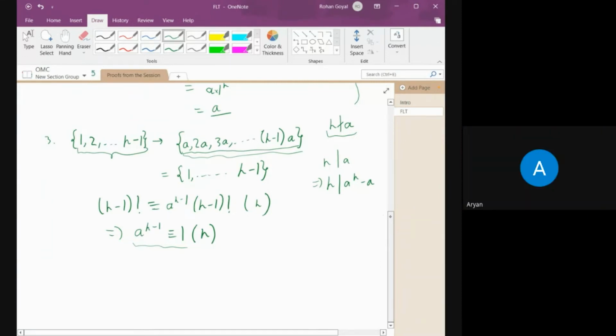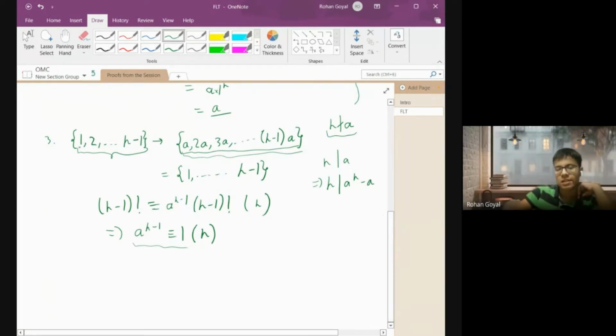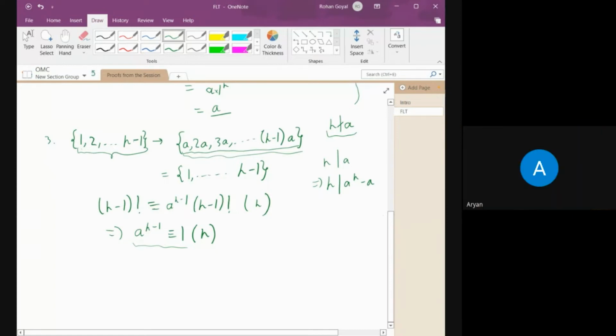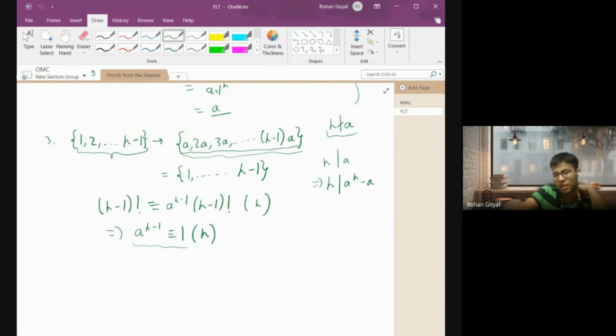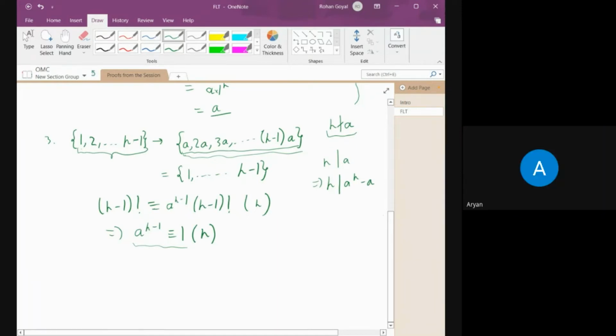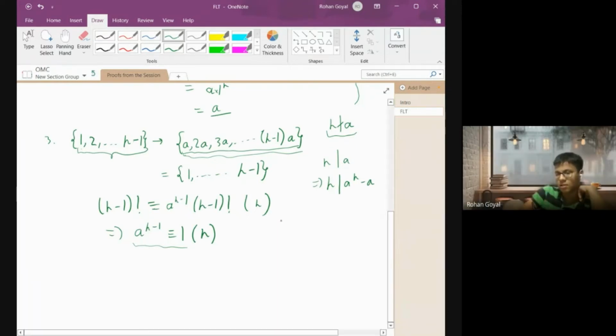Could you explain the third one once? Okay, so what I said is just consider the set 1 to p minus 1. These are all of the different remainders when you look mod p, right? Except 0. So when I multiply it by a, again I get p minus 1 remainders, yes? Observe that none of these are 0 again, just because p does not divide any of them.